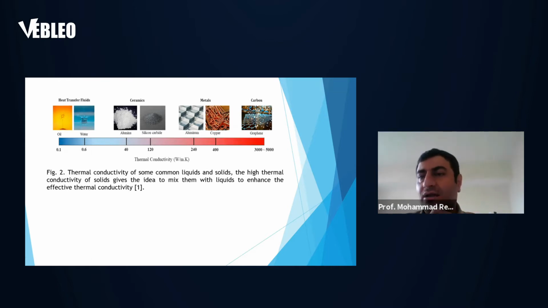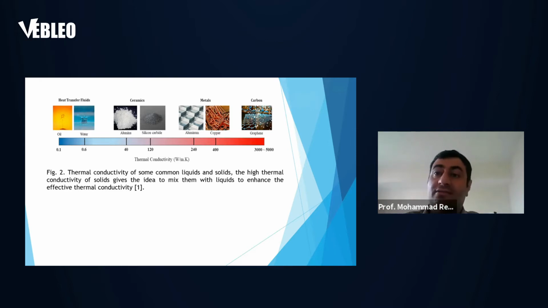If you know, thermal conductivity is the capability of a solid or fluid or gas to transfer heat from the hot part to the cold area, okay? For example, for normal heat transfer fluid, this value is very low. It's normally less than 1 watt per meter Kelvin.